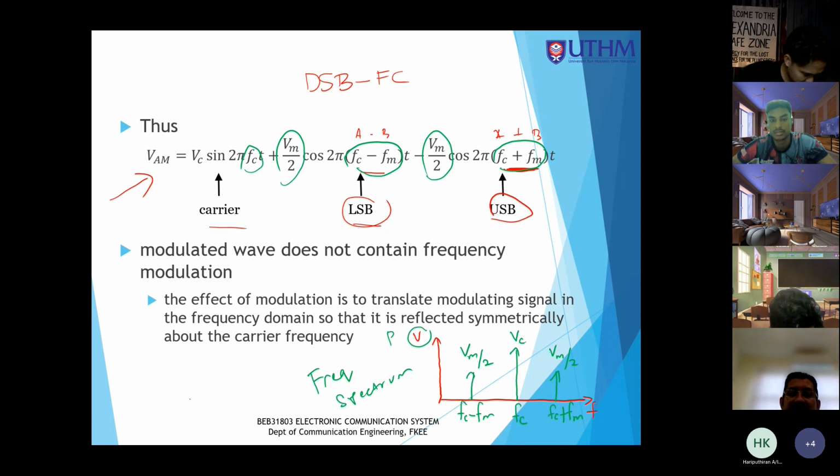Kalau V versus F biasanya kita panggil amplitude spectrum, dia menggambarkan kedudukan frekuensi. So over here nampak jelas dia akan ada 3 komponen. So macam mana kita nak melukis sebenarnya? Remember when you want to draw, first of all you need to define the equation first.